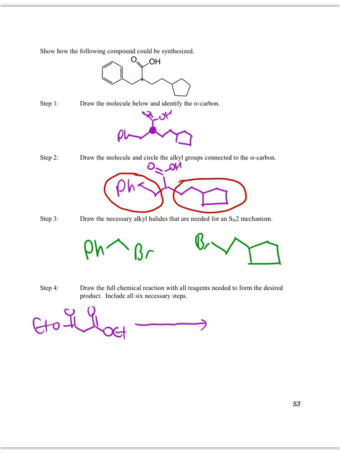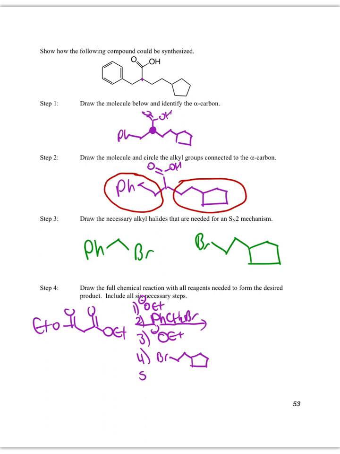We're going to add 1 ethoxide to deprotonate it, 2 benzyl bromide, then we're going to add 3 ethoxide. And remember, you have to do them stepwise. Don't add it all together. 4 the second bromide.